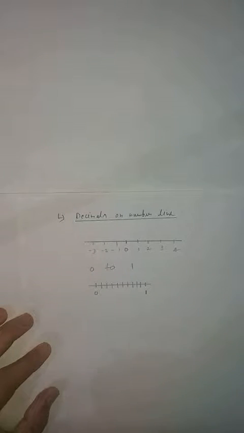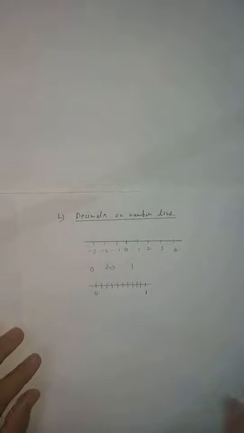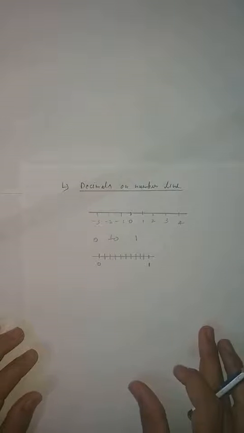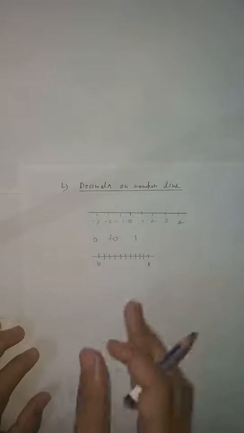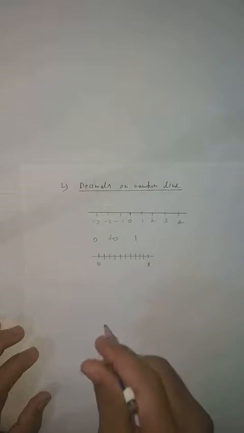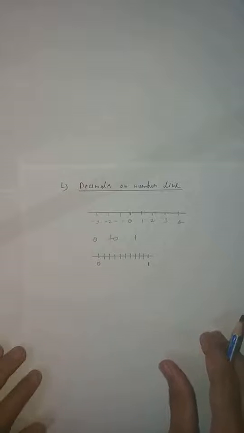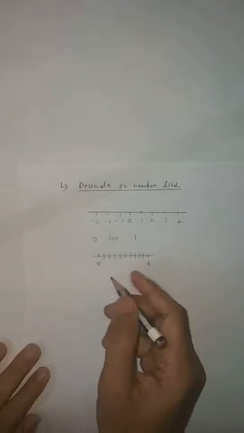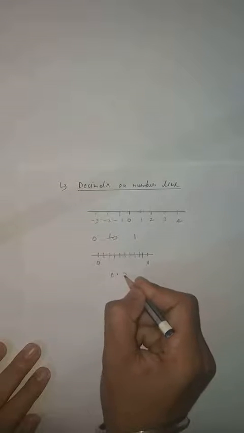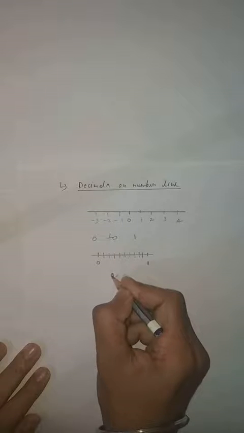Clear? What is the use of this, students? One question will come to your mind: what is the use of this? Because in integers, what are you doing? You have to represent 3, so you directly put the 3. 4, so you directly put the 4. -1, directly you will put the -1. But in decimal, say you have to show 0.3 on the number line.